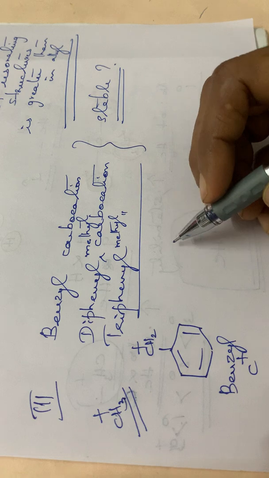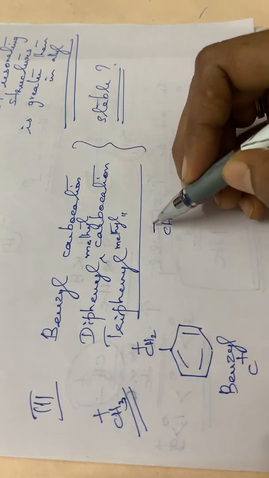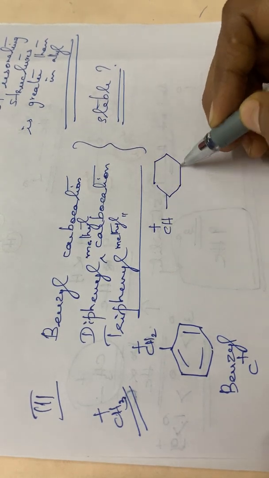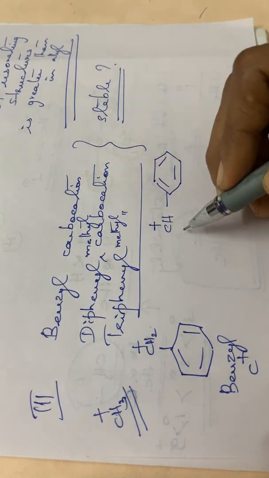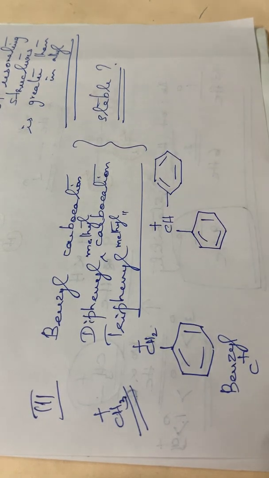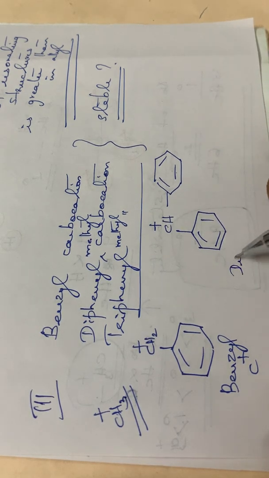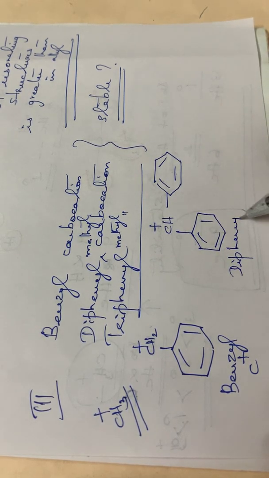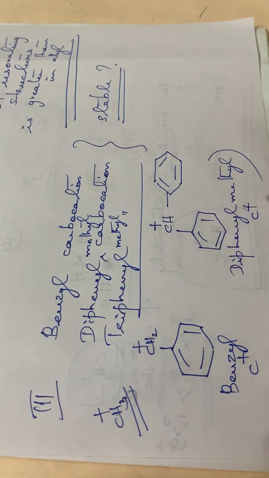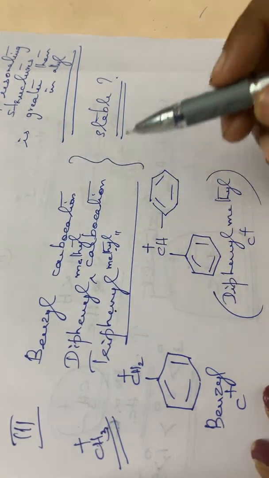So I am writing the structure like this. Two hydrogens are replaced, so it becomes CH plus, and the remaining will be two phenyl groups. This is the structure of diphenyl methyl carbocation. Then next is triphenyl methyl.